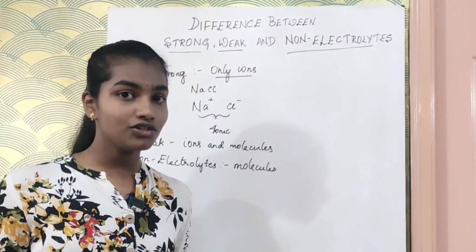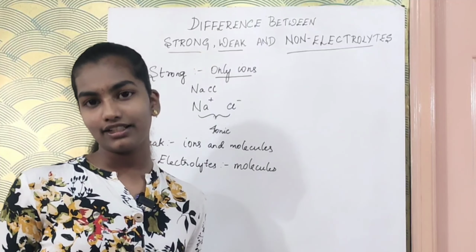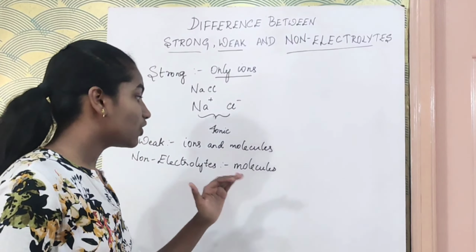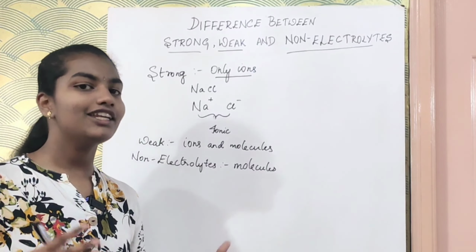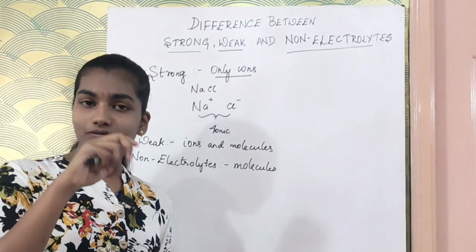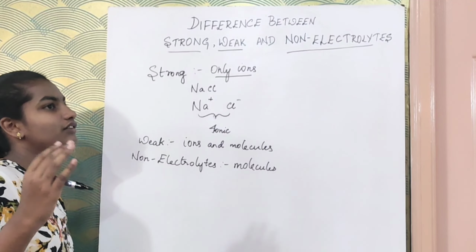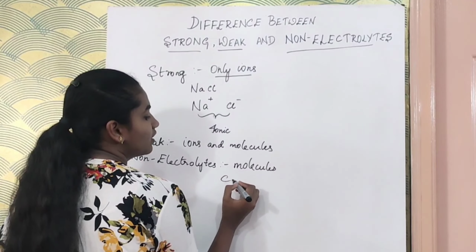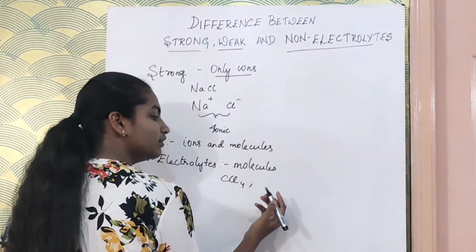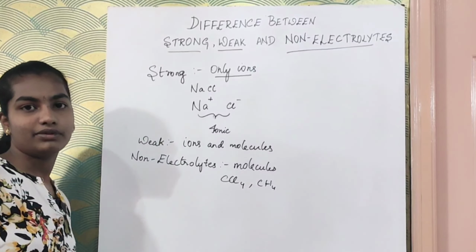There is no charge, there is no possibility to pass electricity. Because they have only molecules, they cannot pass electricity. That is why non-polar covalent compounds are non-electrolytes. For example, you have carbon tetrachloride, and methane CH4 is also an example.